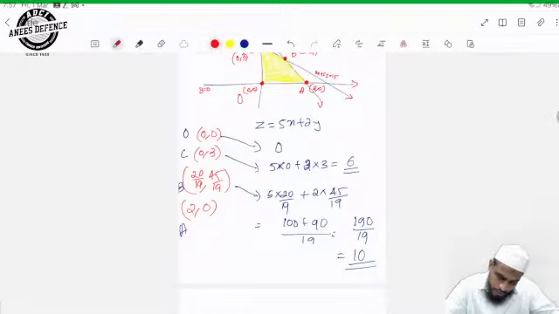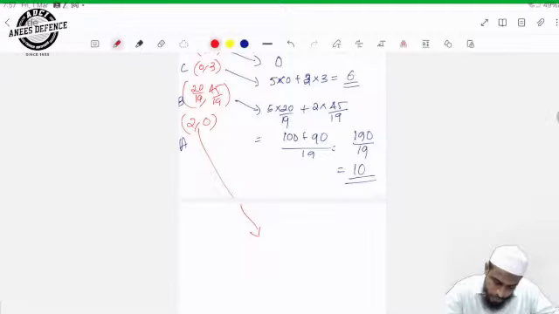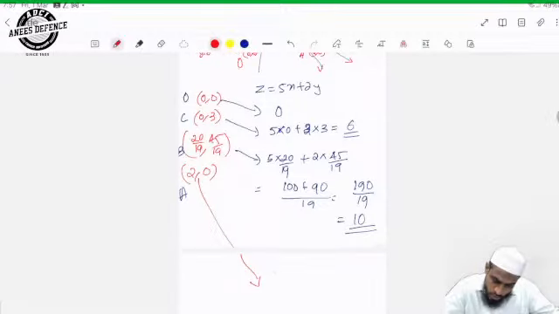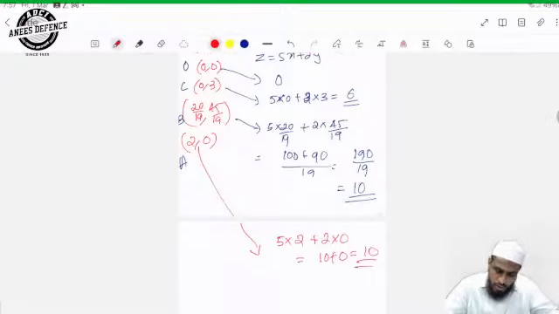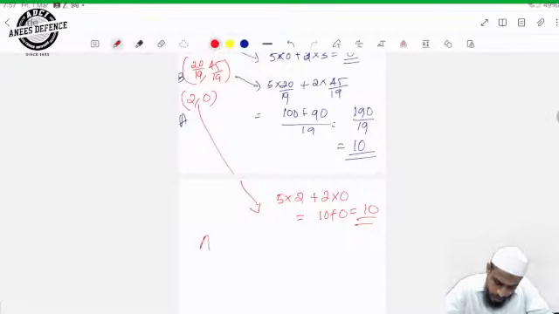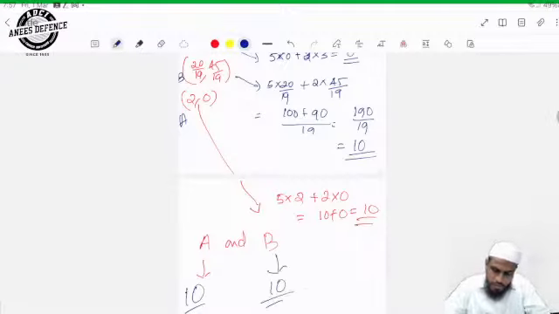Similarly, when you put 2, 0 at A, you get 5 into 2 plus 2 into 0, so 10 plus 0, which is 10. So at A the value of z is equal to 10, and at B also the value is 10.